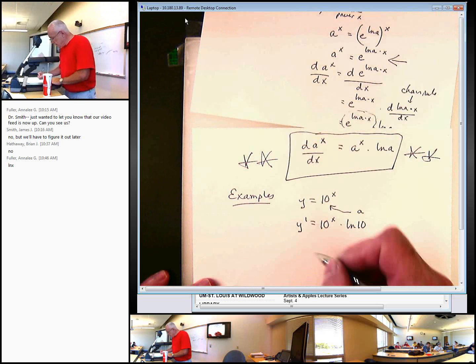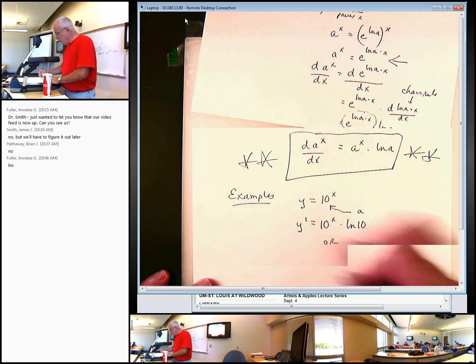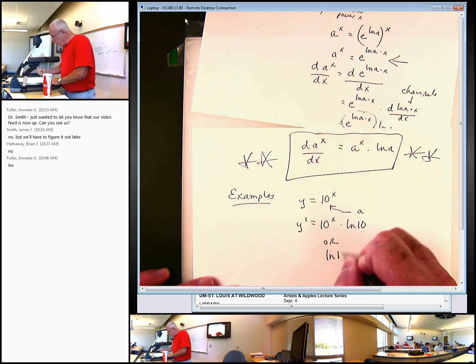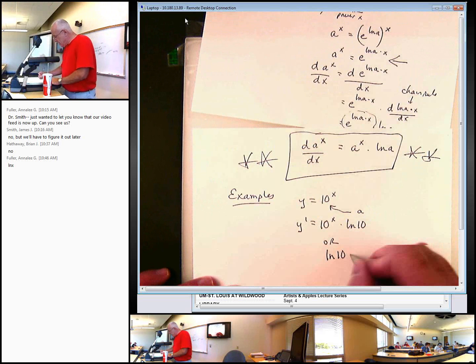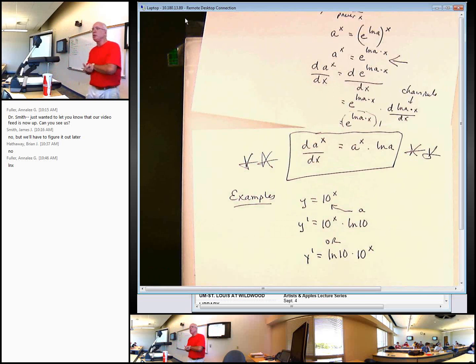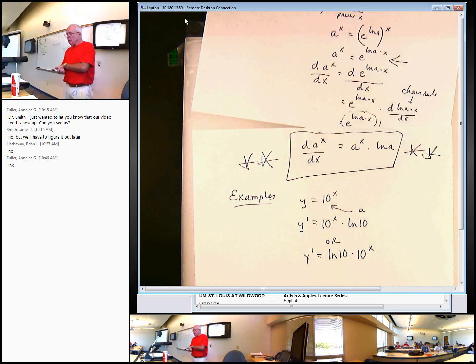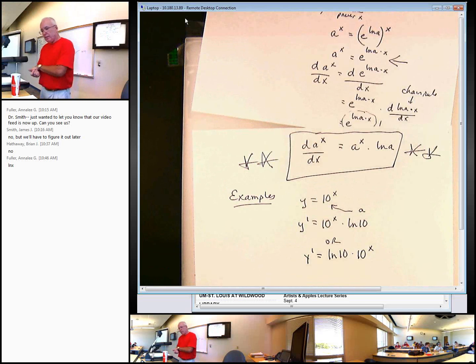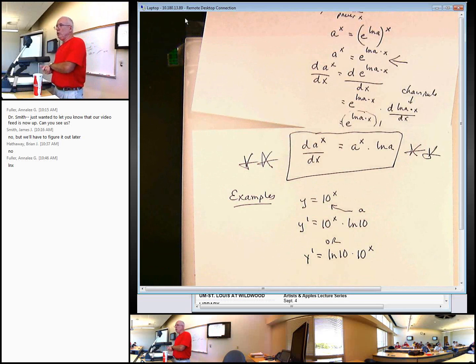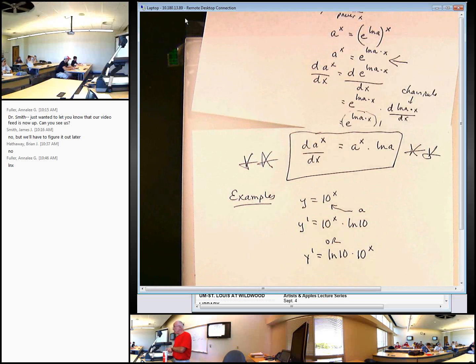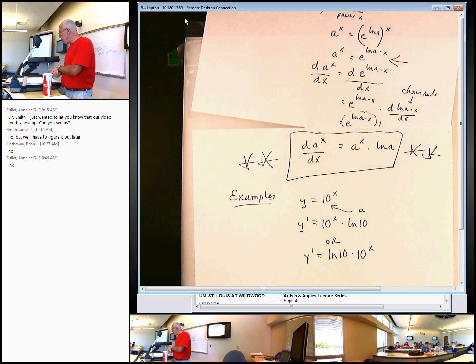Or I can multiply it in reverse: ln of 10 times 10 to the x power. Either way you multiply it, it's the same thing. So here's one example of that rule, using a specific base 10 instead of just the letter a.